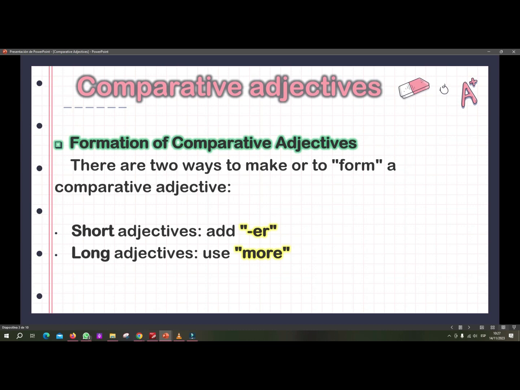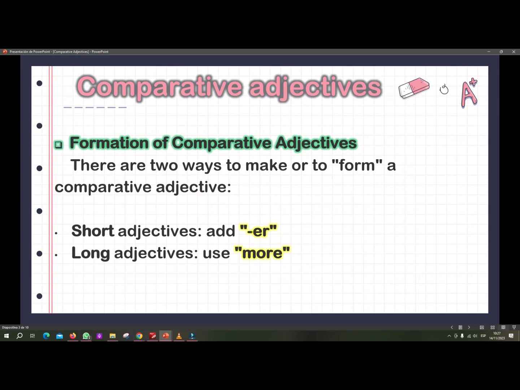Si ustedes tienen un adjetivo corto de una sílaba, vamos a agregarle la terminación ER al final de ese adjetivo.